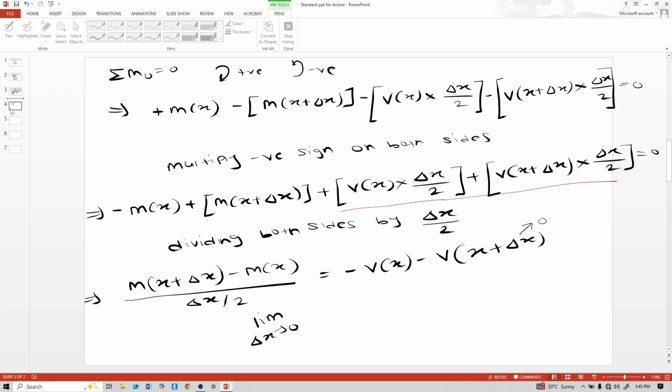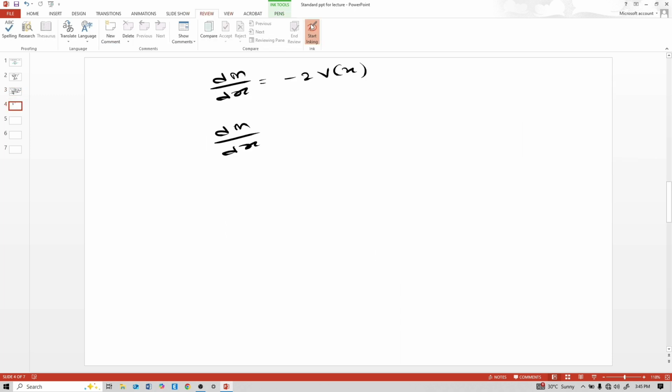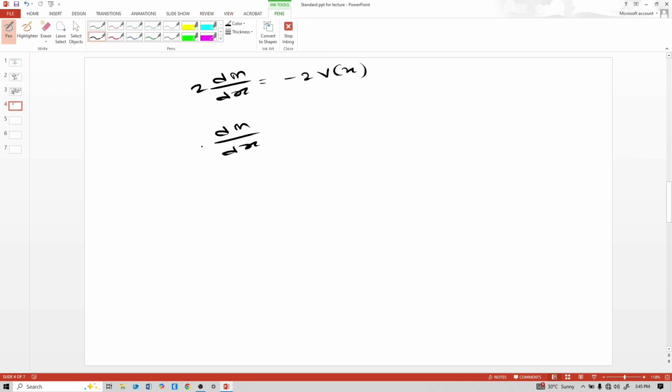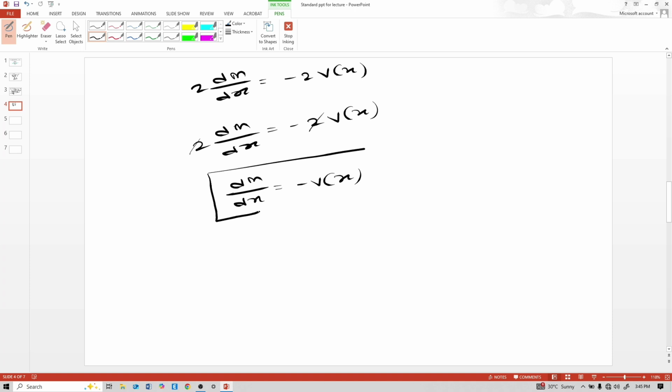So 2 dm by dx equal to minus 2 v of x. So this 2 get cancelled. dm by dx is equal to minus v of x. So this is another equation we get. This is another relation between moment and shear.